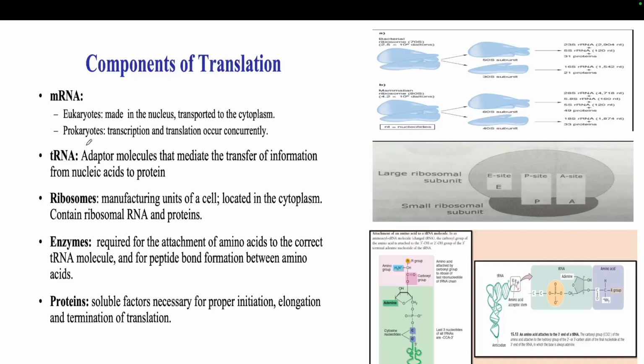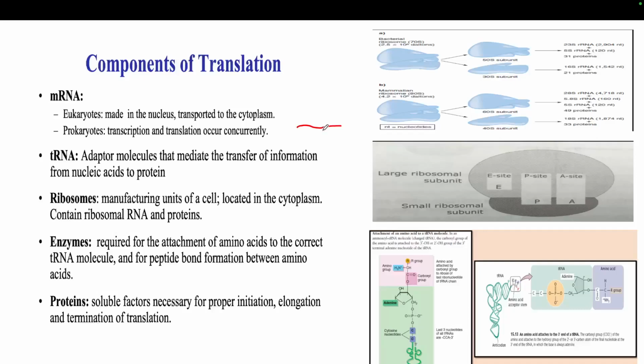In prokaryotes, there is no nuclear membrane, there is only cytoplasm, so the mRNA is synthesized in the cytoplasm and is converted into protein in the cytoplasm itself. Because there is no nucleus, transcription and translation occur concurrently. It is a simultaneous process.